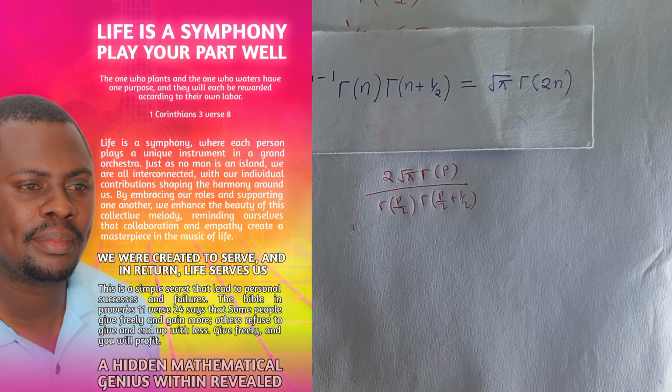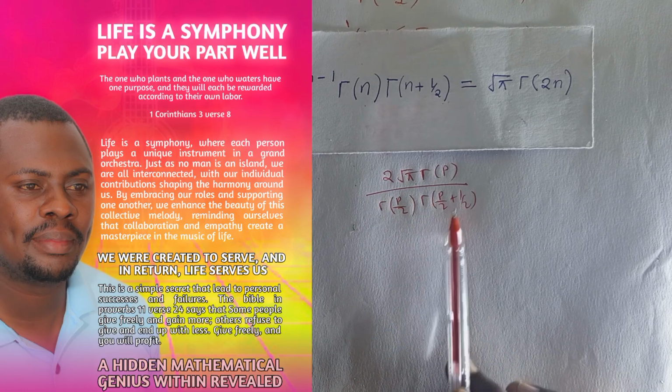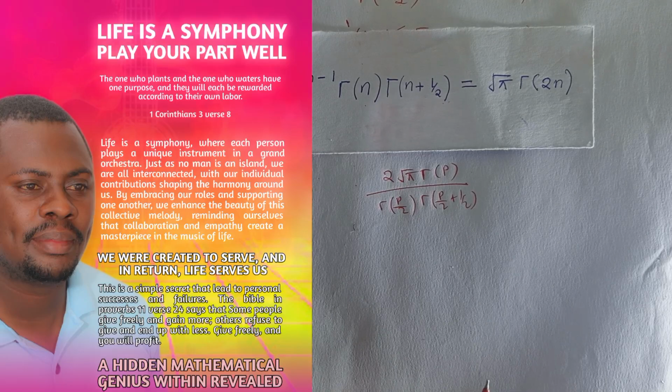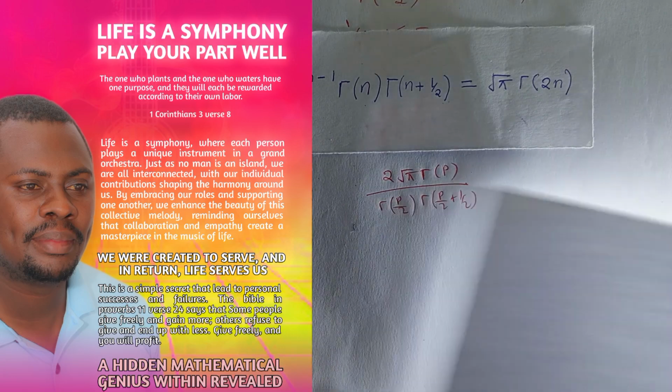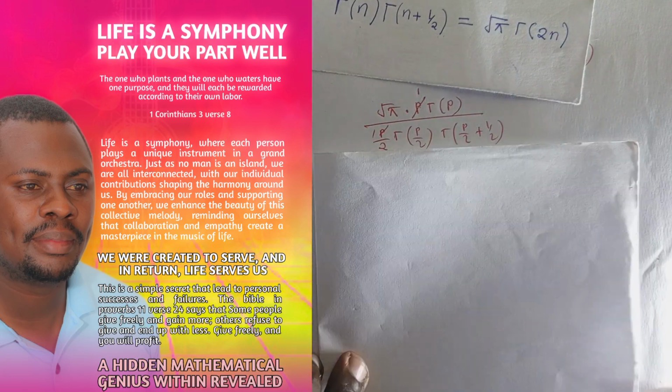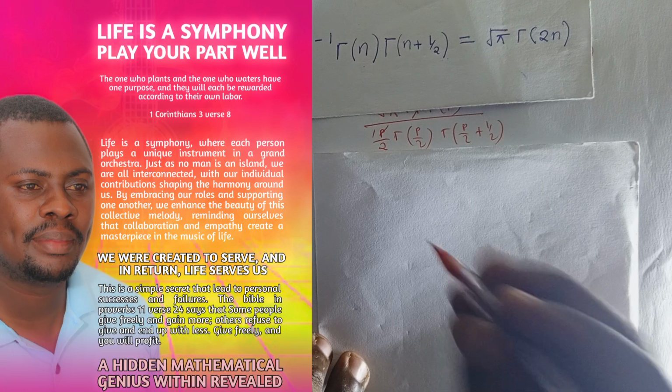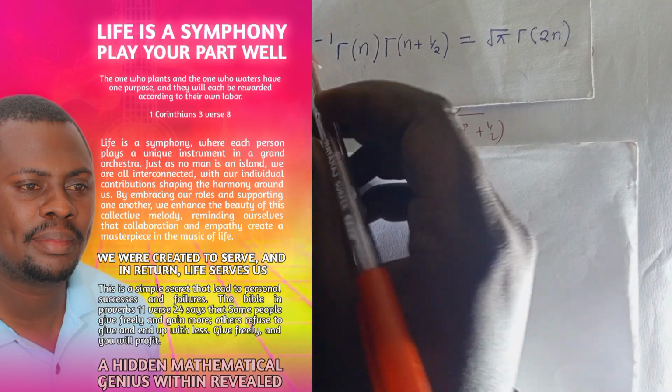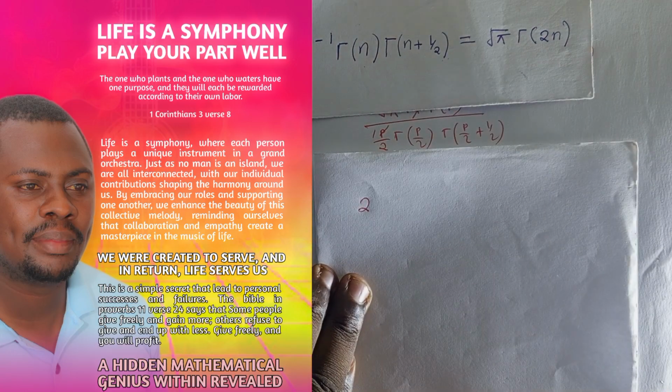Okay, so what we can do, where there is n, let's try to put p over 2 and see if we are going to have a gamma of p over 2 and gamma of p over 2 plus 1 over 2. Okay, so we put p over 2 where there is n. So we are going to have 2 to the power, where there is n is p over 2. So 2 multiplied by p over 2, you get p.